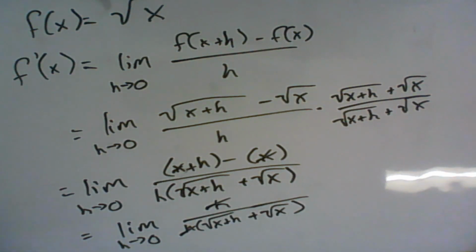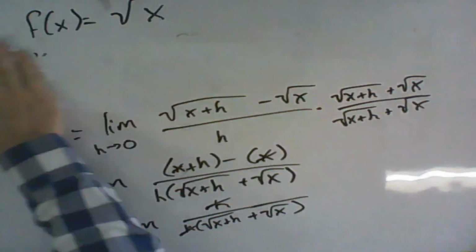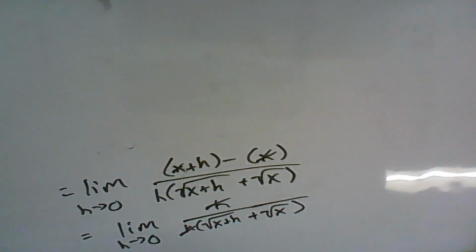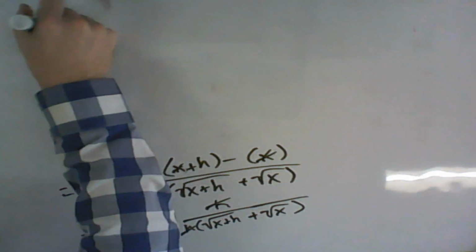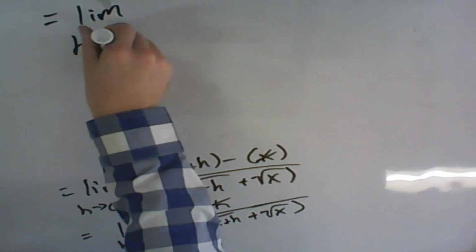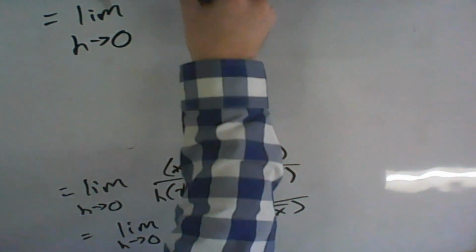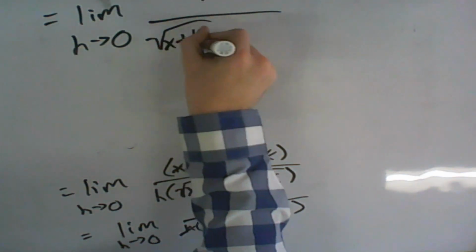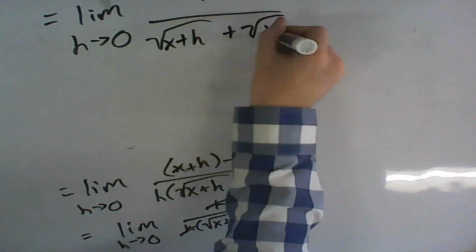So then it's going to equal the limit as h approaches 0 of 1 over square root of x plus h plus square root of x.